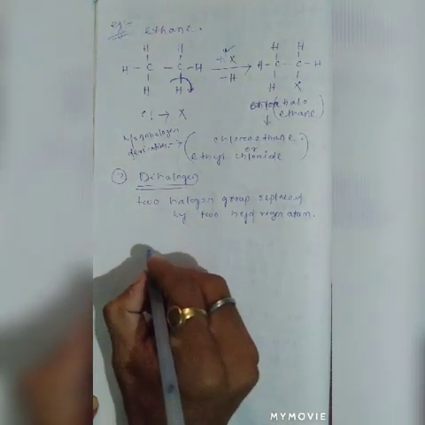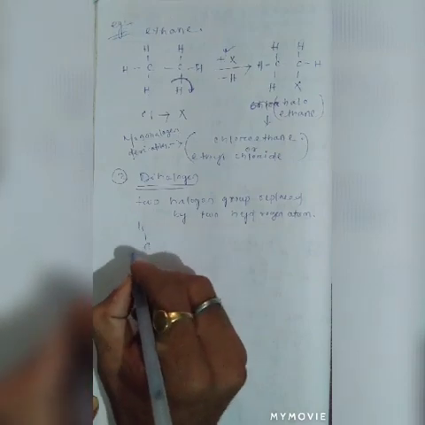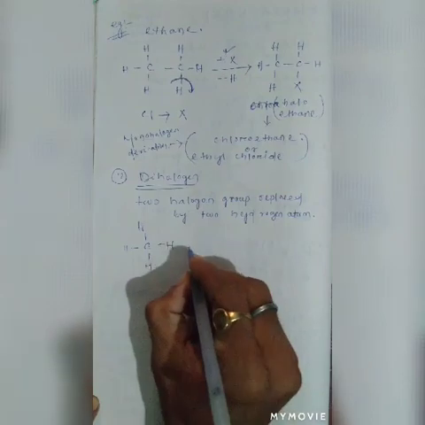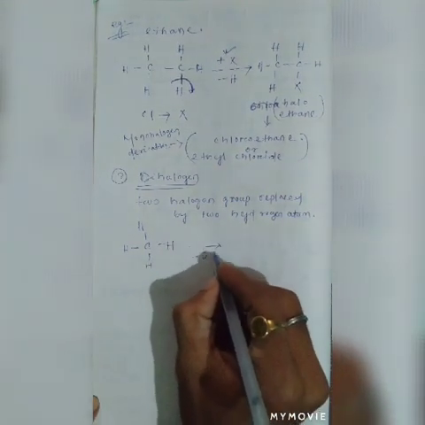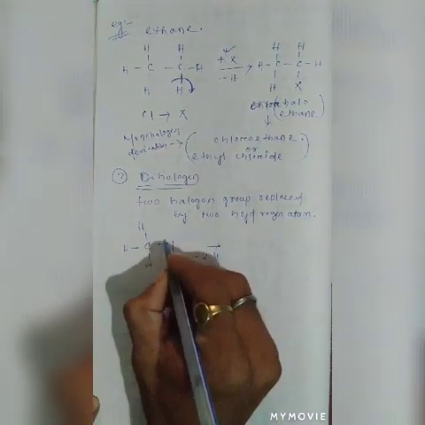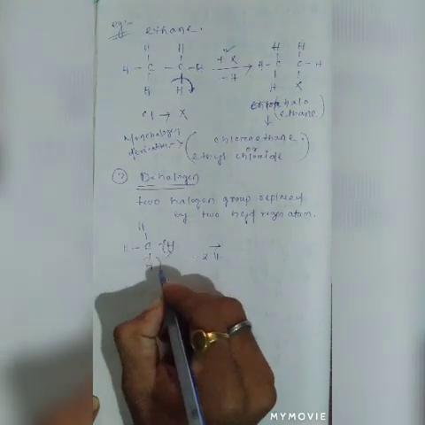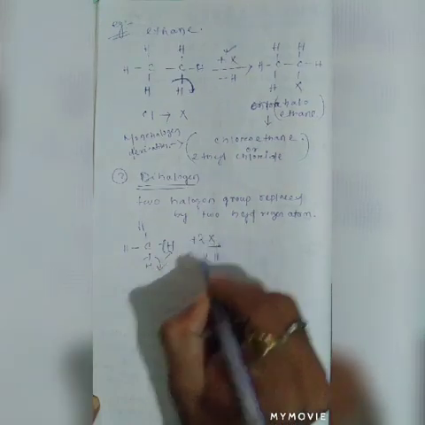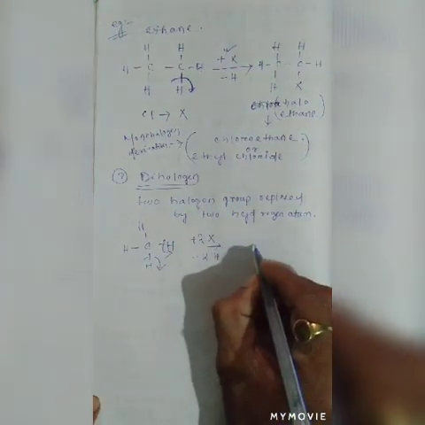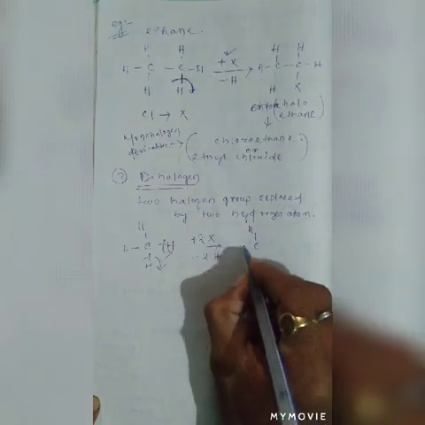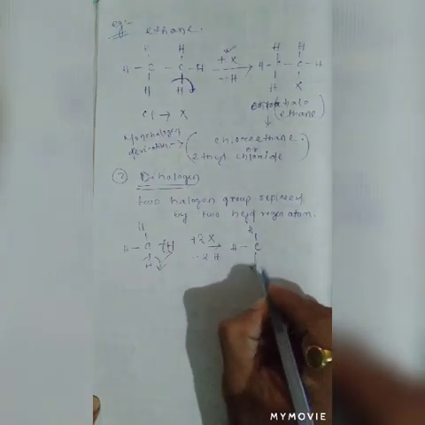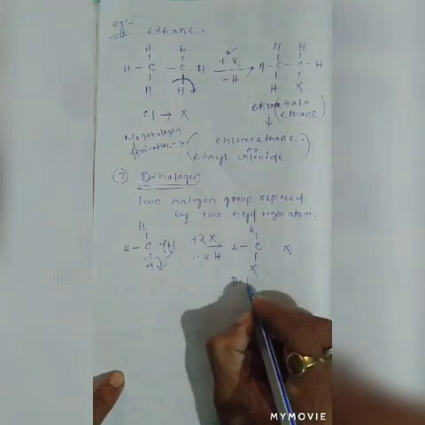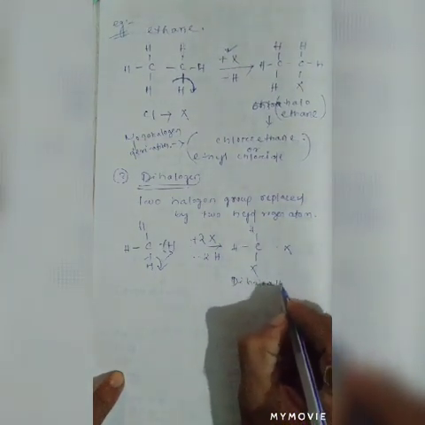Let's see an example of methane, CH4. If we remove two hydrogen atoms, one hydrogen atom and another hydrogen atom, and attach two halogen groups, 2X, then it forms CH2 with X, X. This is the dihaloalkane.